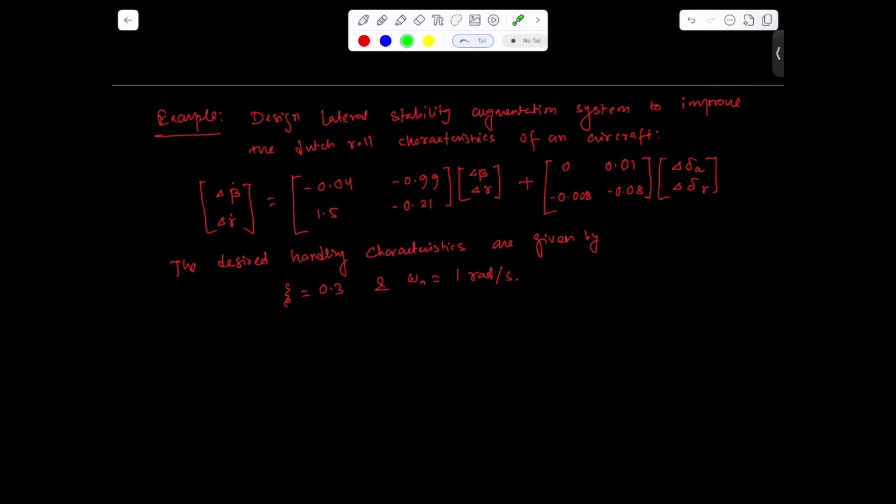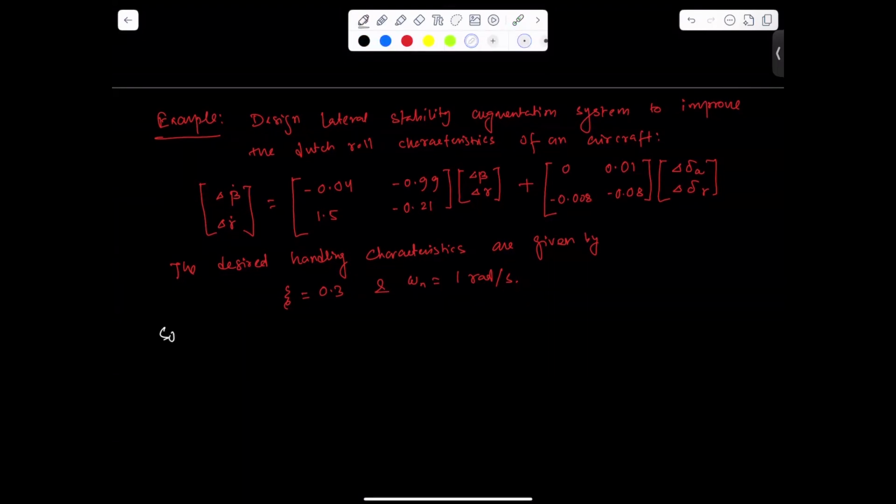So we'll be using the concept you have done on this page. We'll use this concept of how we can find the multi-input controller algorithm solution.